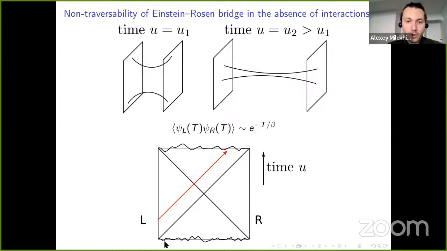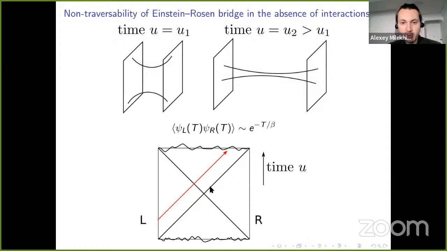And for people who are familiar with Penrose diagrams, this is the Penrose diagram. So it's a characterization of space-time where lines at 45 degrees correspond to light geodesics. So this is one universe, this is another universe, this is the interior, and you see that you cannot reach the other side.